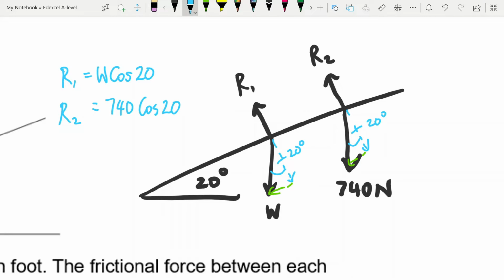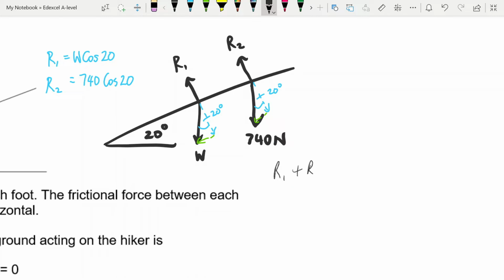Now the total reaction force or normal contact force here would be R1 plus R2, which would be W cos 20 plus 740 cos 20. But they've told us that the reaction force is the same on each foot, so R1 and R2 are the same.